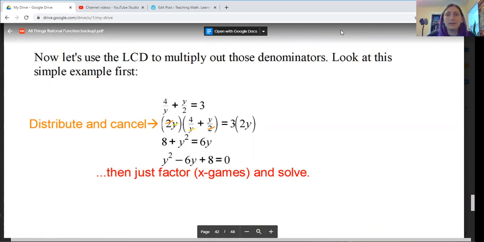So we have right here the original. It's kind of squished in. All right, sorry about that. This could be better formatted. This is the original: 4 over y plus y over 2 equals 3. Okay, look at that.